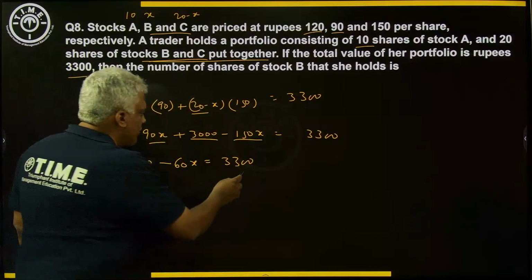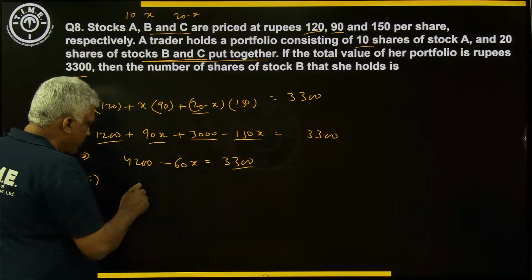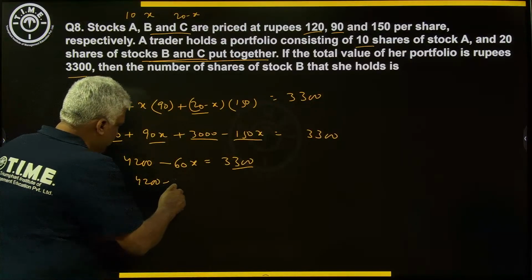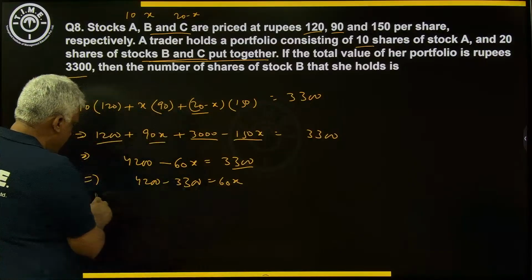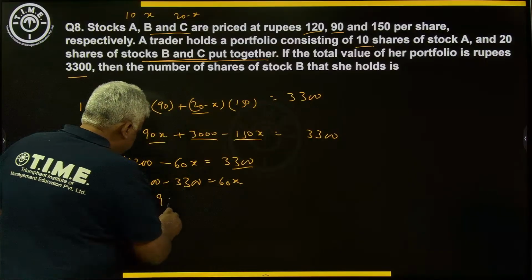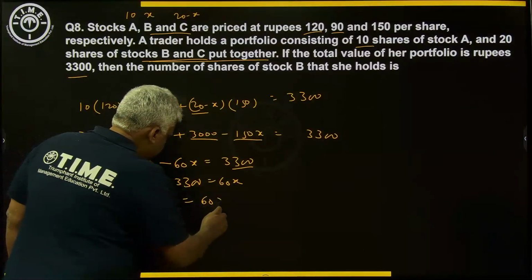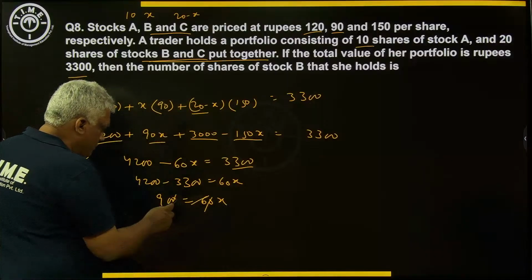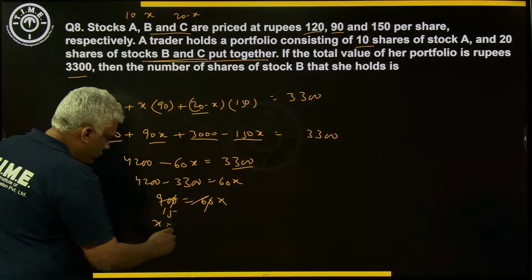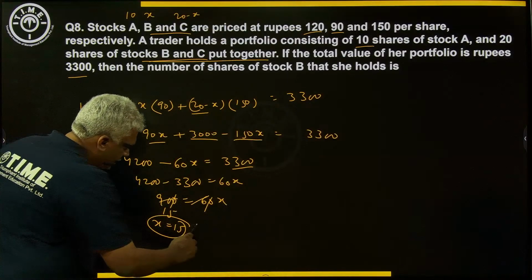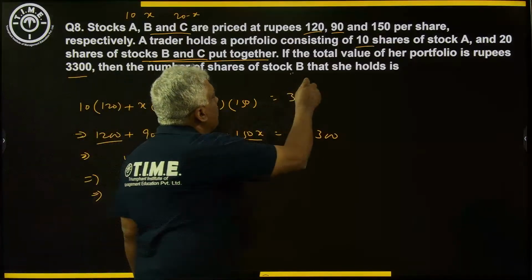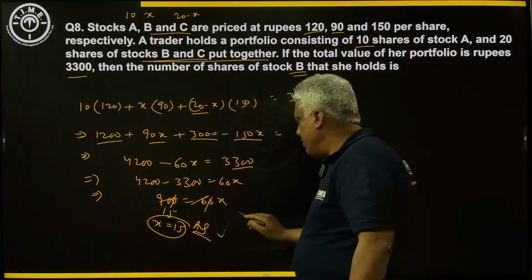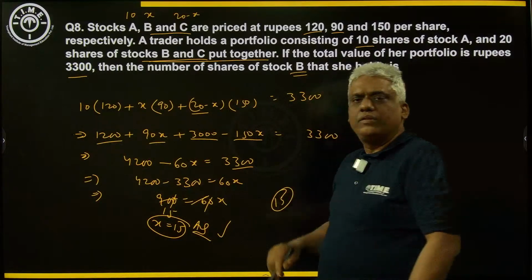So let's bring 3300 to this side. 4200 minus 3300, that is equal to 60x, and that will be 900. So 900 is 60x, so x equals 15, and that's the answer, right? So 15 stocks of B.